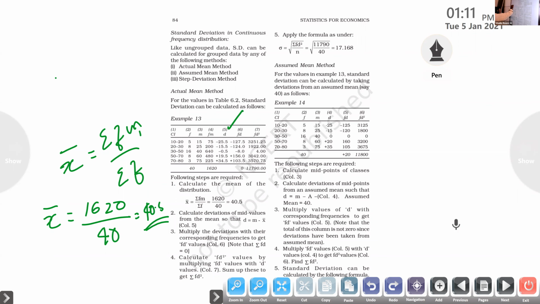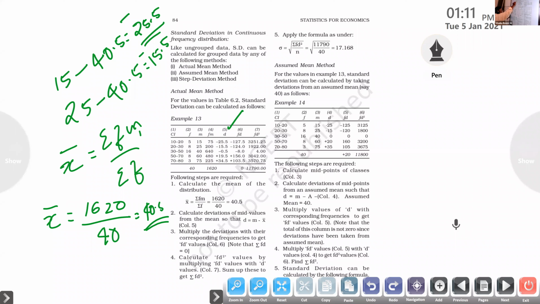So midpoint first minus the actual mean, that is 40.5. So we got a negative symbol, 25.5. Clear? Minus 25.5. Likewise, 25 minus 40.5. Answer is negative 15.5.